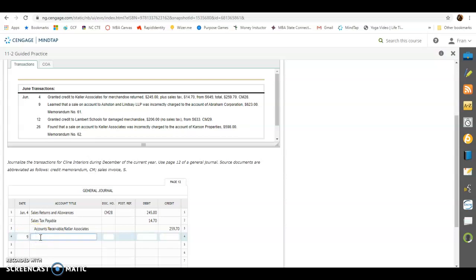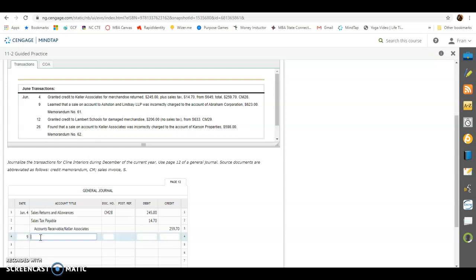On June 9th, we learned that a sale on account to Ashton and Lindsay LLP was incorrectly charged to the account of Abraham Corporation in the amount of $623. If you'll recall, the way we attacked this before was we thought about who it went to and how we were going to correct it.